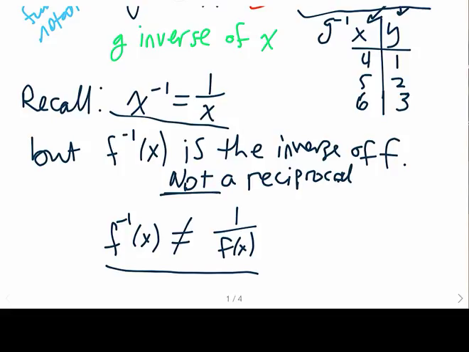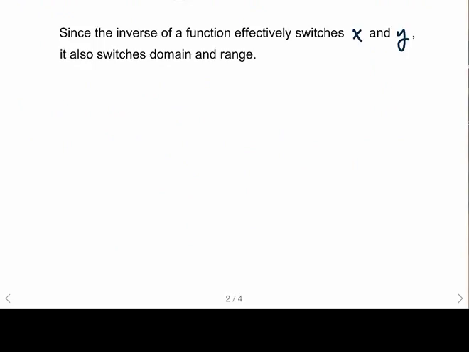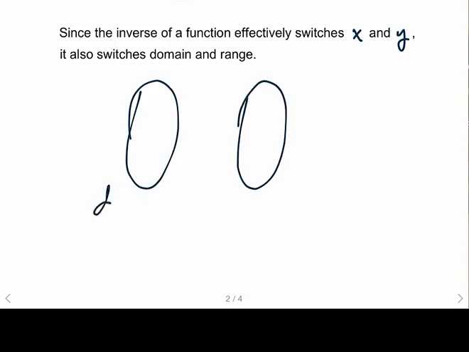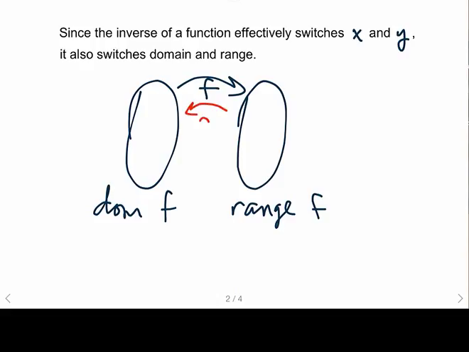Now, in terms of switching x's and y's, since the inverse of a function effectively switches x and y, it also switches the domain and the range. If we consider a diagram where we have the domain of some function f on the left, so f maps from the set on the left to the set on the right, then the set on the right would be the range of f. The inverse switches x's and y's. It undoes what the function does. It's kind of like saying, where are you from?